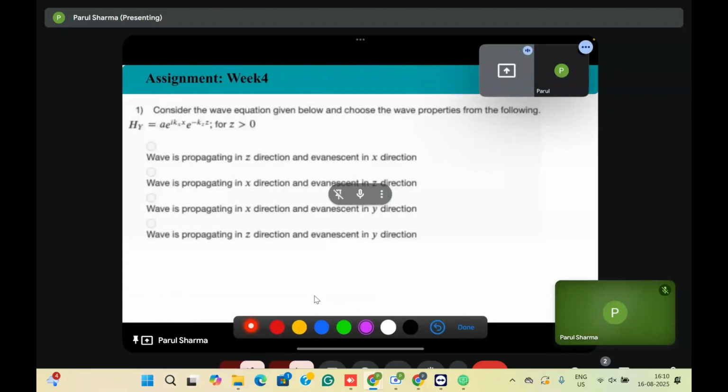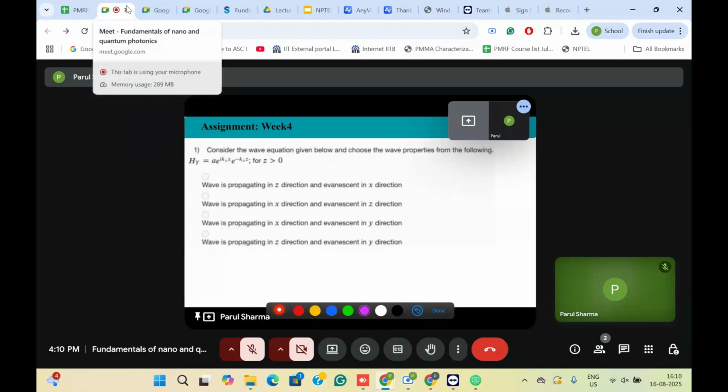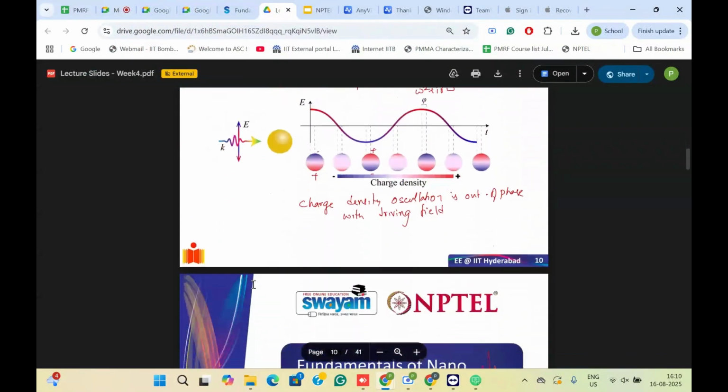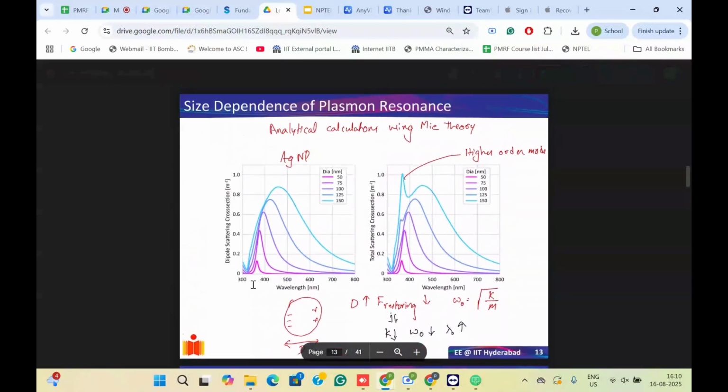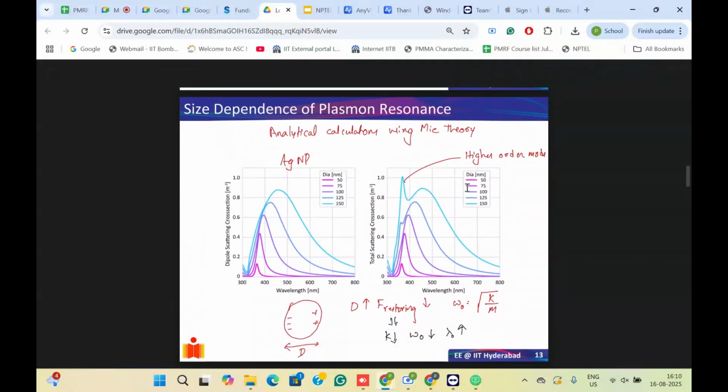So in this figure, you can see that when the particle size increases from a diameter of 50 nanometer to 150 nanometer, there is an involvement of higher modes also. Earlier it was single, but with increasing particle size, the resonance FWHM is also increasing, and the peak is getting broad.